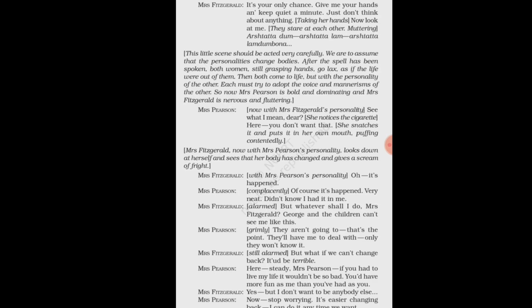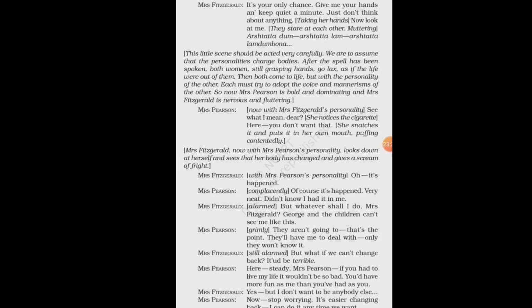So they cast a spell. Mrs. Fitzgerald casts a spell, and before that, they chant a little before exchanging the personalities of the body. They chant, and this scene should be acted very carefully.